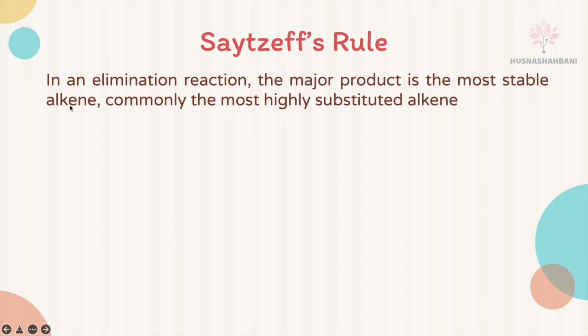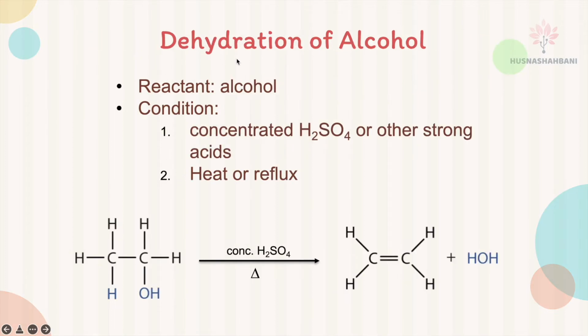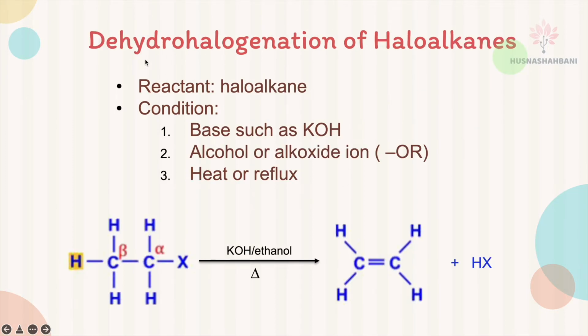Saytzeff's rule. In an elimination reaction, the major product is the most stable alkene, commonly the most highly substituted alkene, which means that these two processes, dehydration and dehydrohalogenation, are elimination reactions.